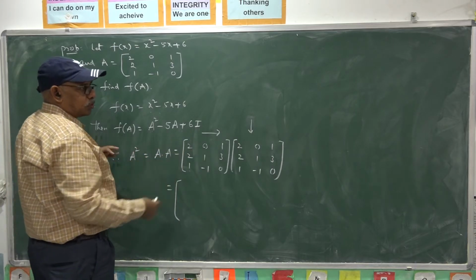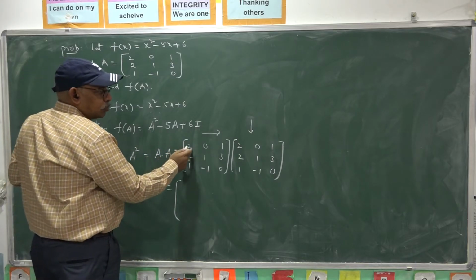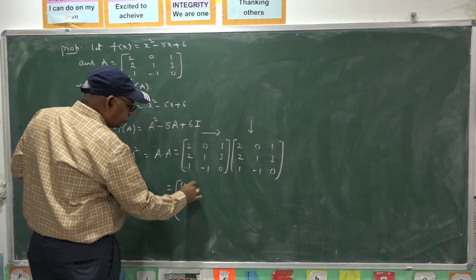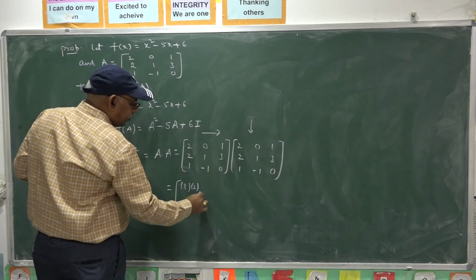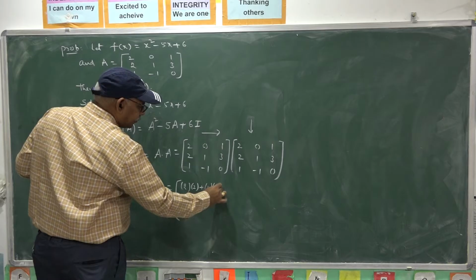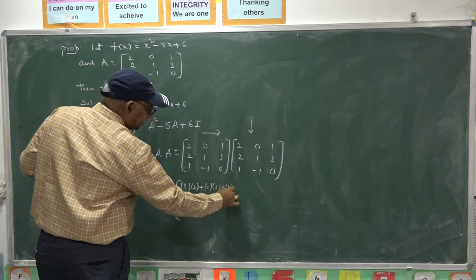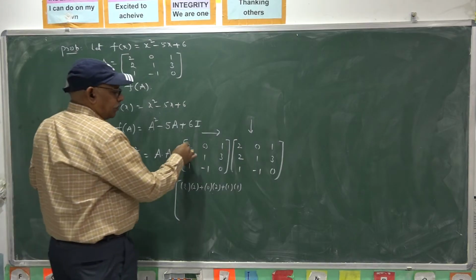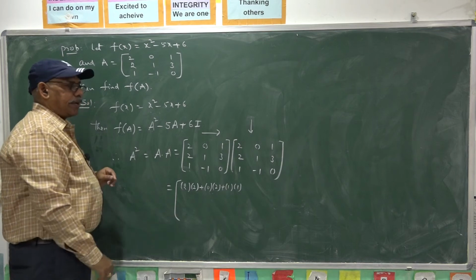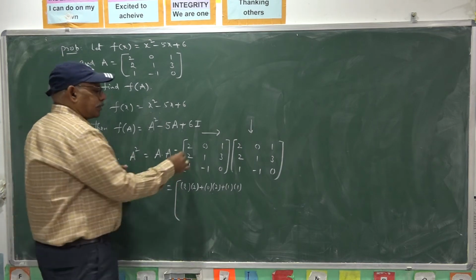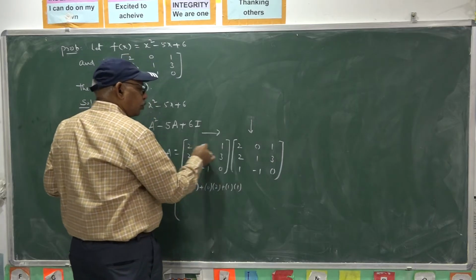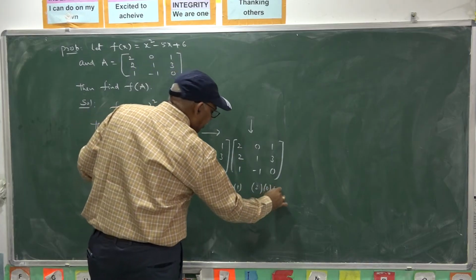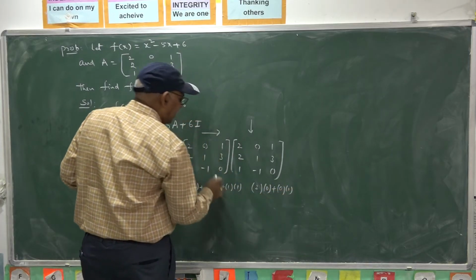product, row to column wise product: 2 into 2, 0 into 2 plus 1 into 1. First row, first column elements product sum. Similarly, first row, second column product, 2 into 0 plus 0 into 1 plus 1 into minus 1.